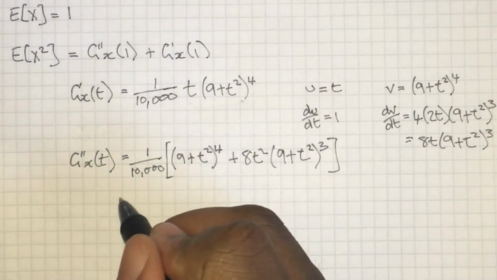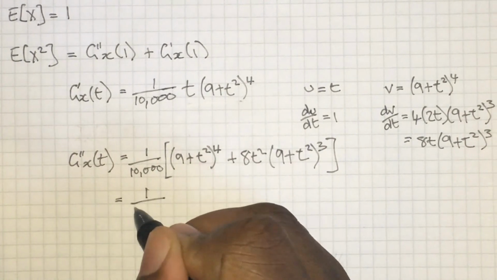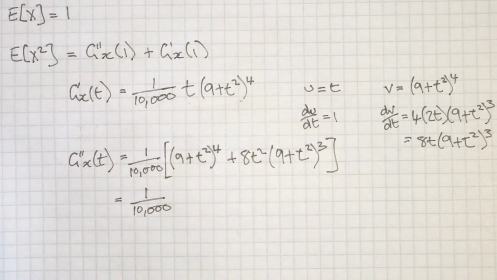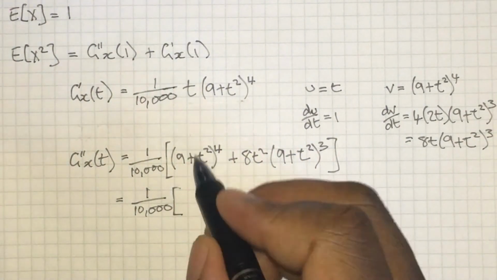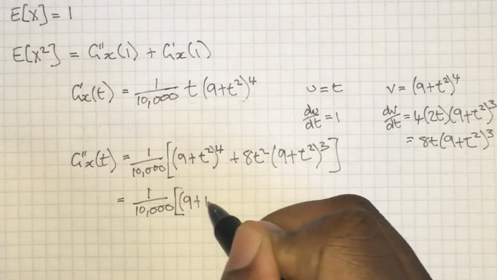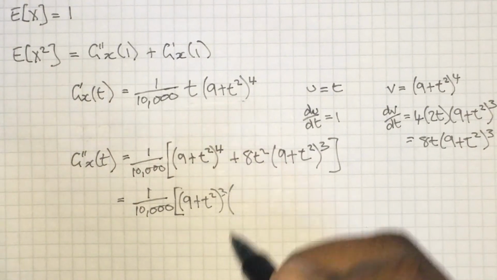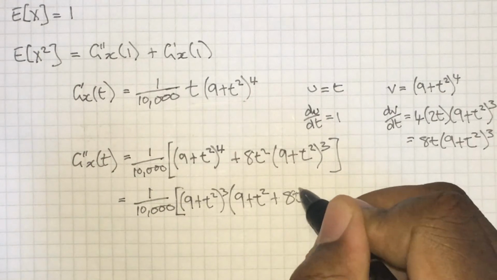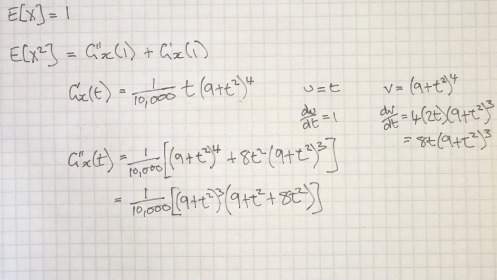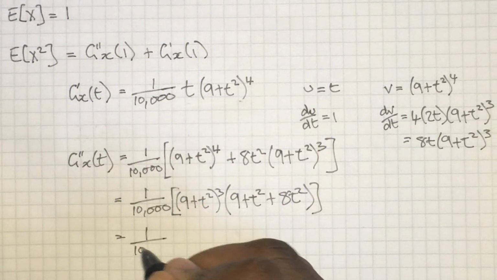Okay, we can definitely neaten this up and try and see if there's any opportunities to simplify. So the bracket is a common factor between the two of them. So I'll factorize out the bracket. I have the bracket to the power of 3 is common, leaving me with a 9 plus t squared and an 8t squared. Okay, this second bracket neatens up quite nicely.